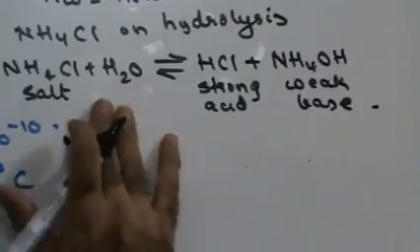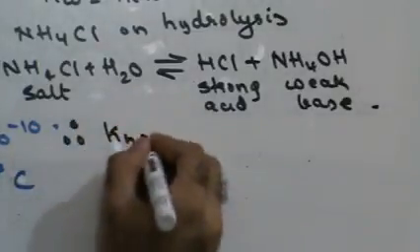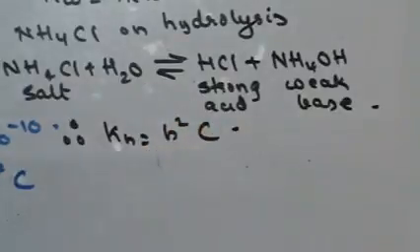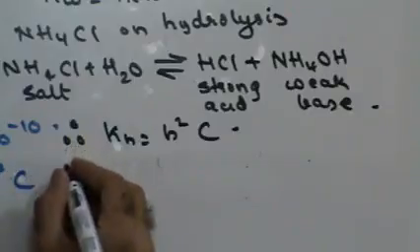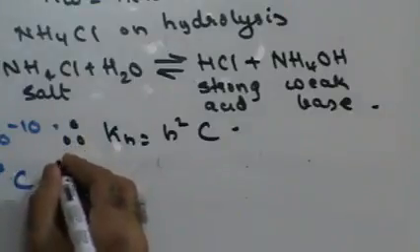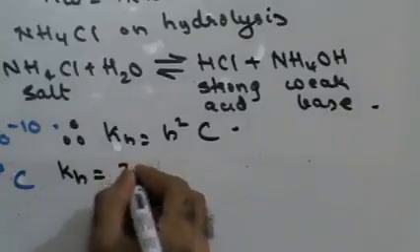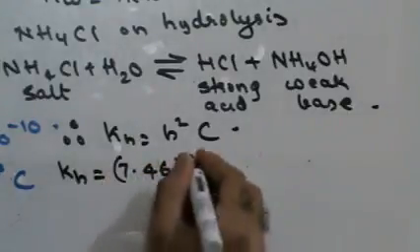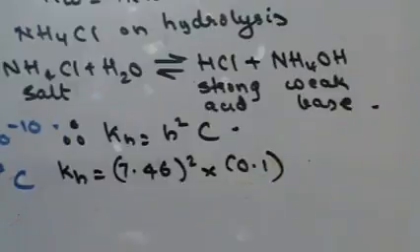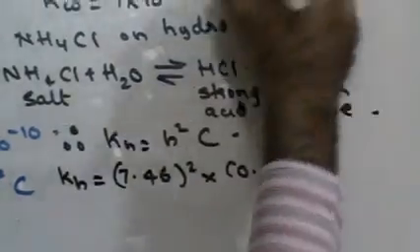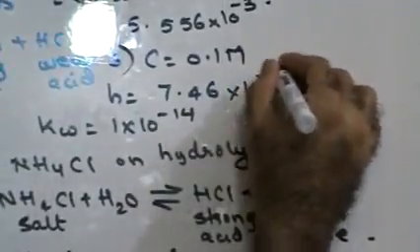So since I don't know this, first I'll have to use the formula Kh is equal to h square C. Hydrolysis constant is the square of degree of hydrolysis into concentration. Therefore Kh is equal to, h is given to you as 7.46 into 10 raised to minus 5, the whole square, into 0.1.